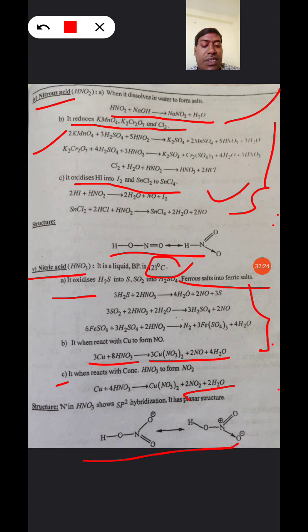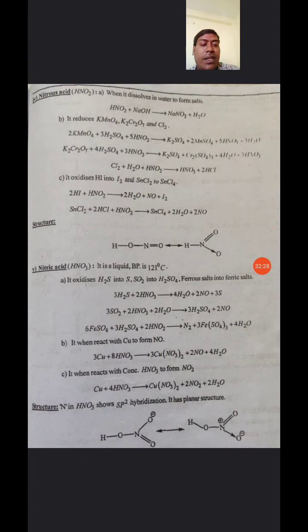So this is the structure of HNO3, nitric acid.